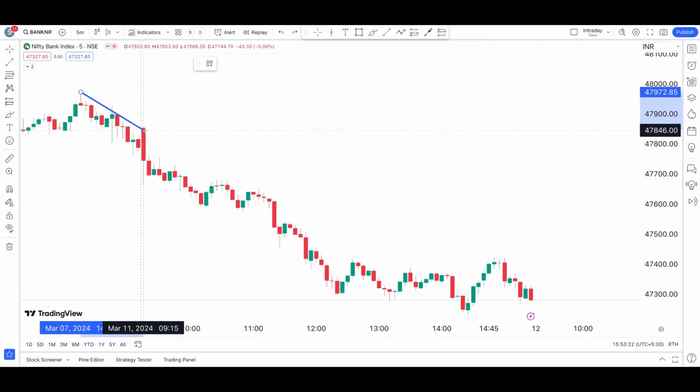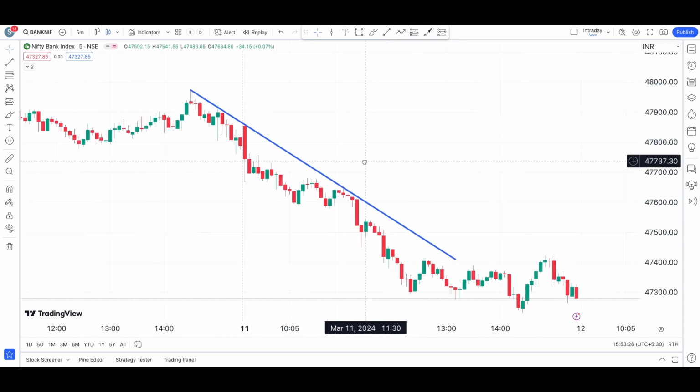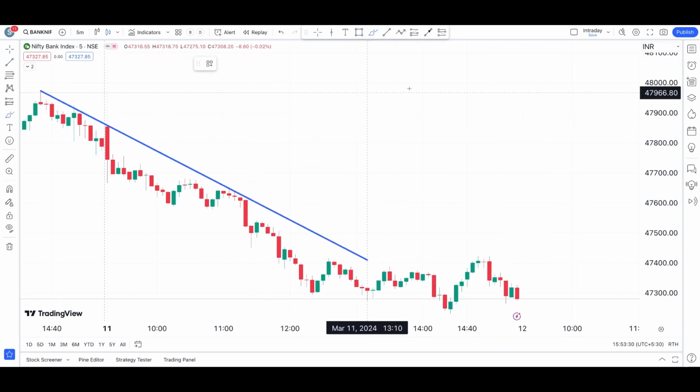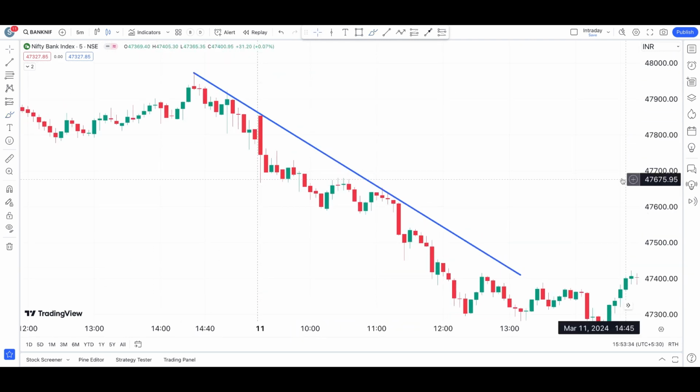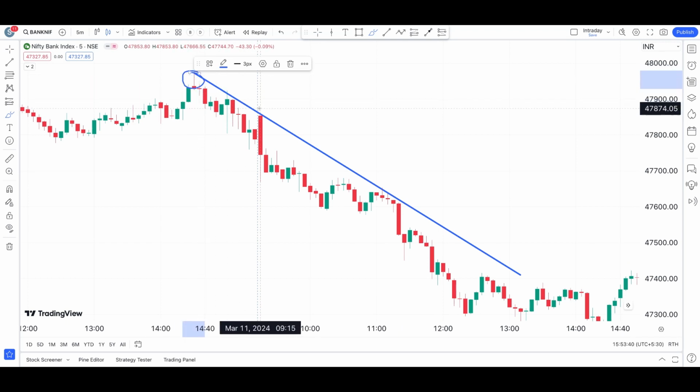I'm just extending it a bit. Now if you notice carefully, we don't just have one and two, but it is also touching here. So this is now a valid trend line.